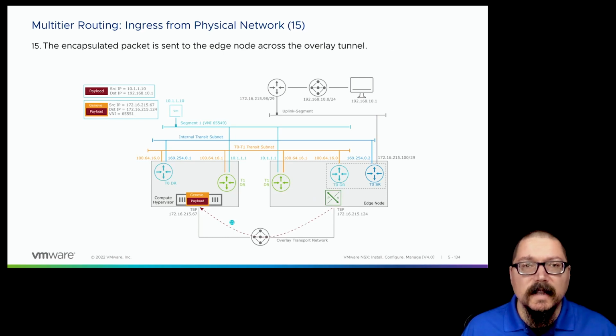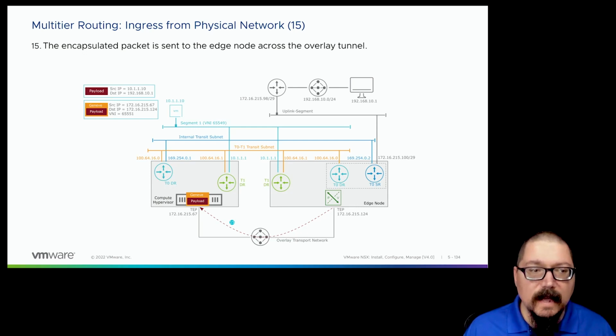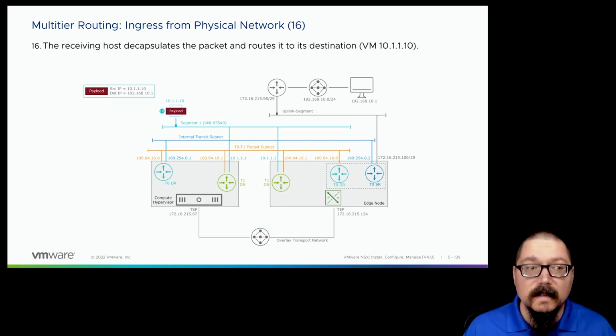The destination tunnel endpoint will strip off all the headers and leave us with a layer 2 frame from the tier 1 gateway destined to the logical switch. Now, we're not passing the traffic through the tier 1 gateway on the hypervisor, not at all, right? The tunnel endpoint strips the frame out and forwards it to the virtual switch. The virtual switch forwards that frame to the virtual machine.